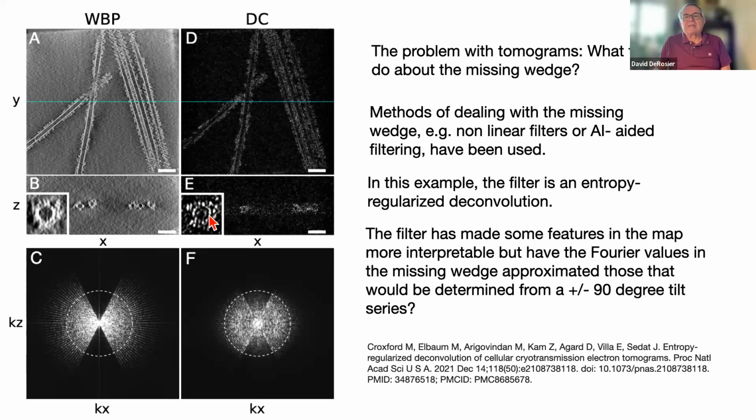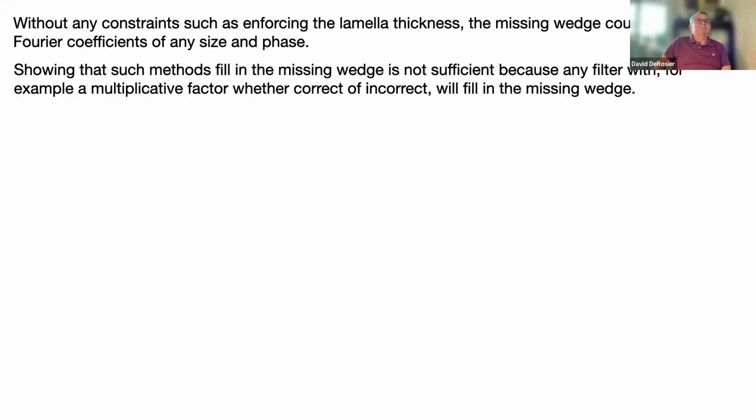So the filter has made some of the features on the map more interpretable, but we don't know that the Fourier values in the missing wedge are approximated by those that would be determined from a plus or minus 90 degree tilt series. So it can improve things, make them more interpretable, but you don't really know if you're filling in the missing wedge correctly, for the following reason.